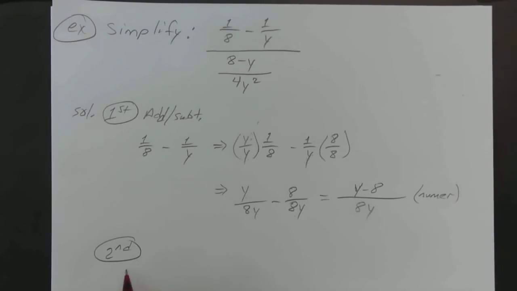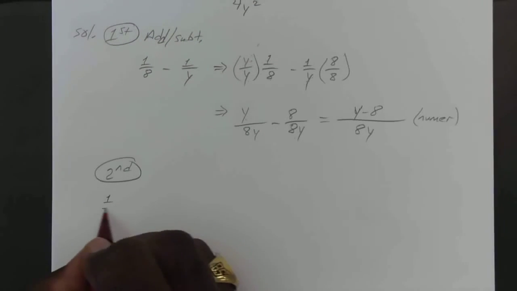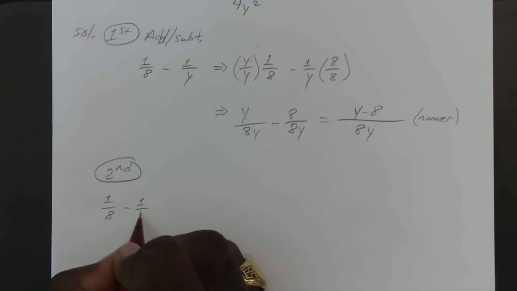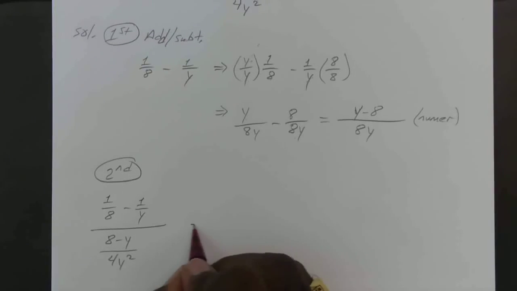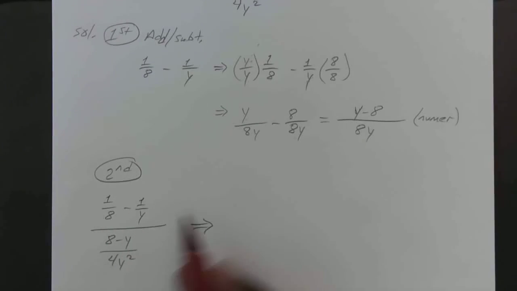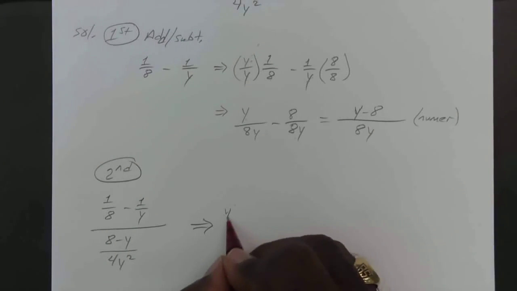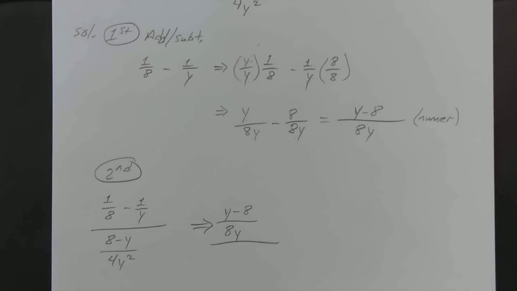So 1 over 8 minus 1 over y divided by 8 minus y over 4y squared now becomes y minus 8 over 8y divided by 8 minus y over 4y squared.